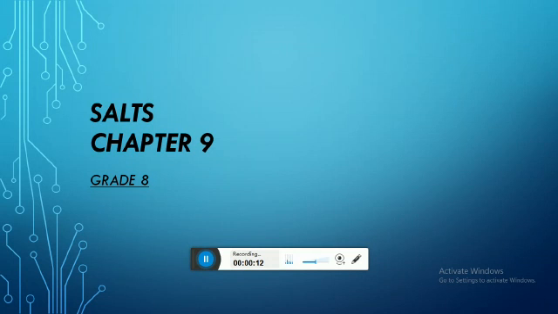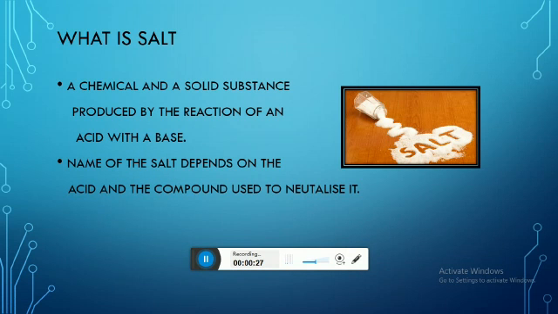In this video lecture, we will start our next chapter related to salts, which is chapter number 9 from your book. So, a salt is actually a chemical and a solid substance which is produced by the reaction of an acid with a base, or we can say a salt is made whenever an acid is neutralized either by an alkali or a base.